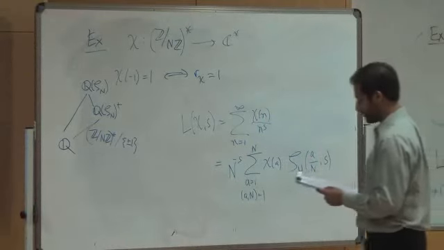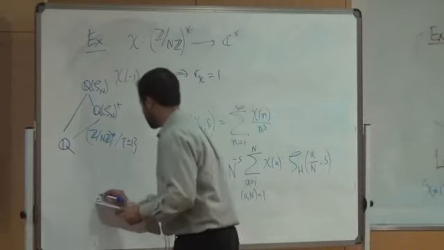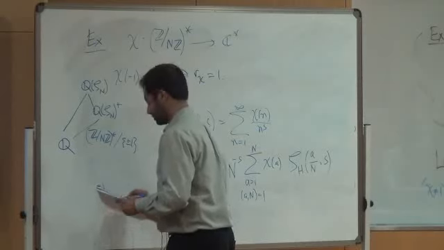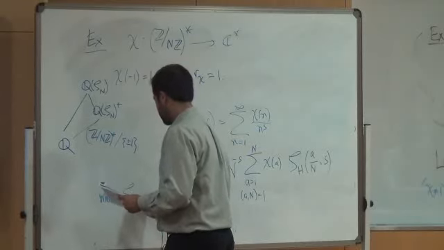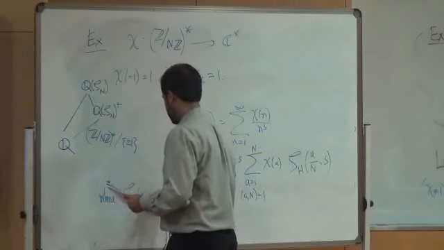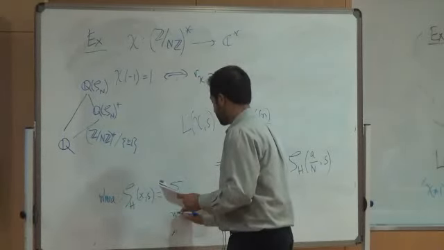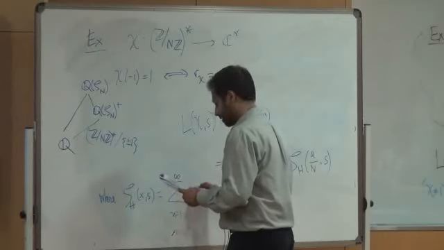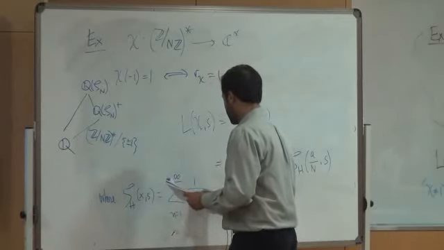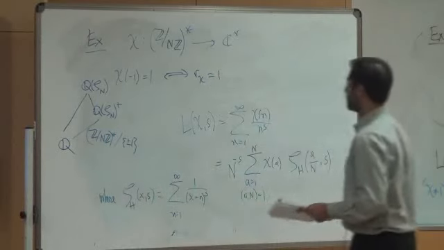Okay, so this Hurwitz zeta function is some generalization of the Riemann zeta function. It is just the sum as n goes from 1 to infinity of 1 over x plus n to the s.